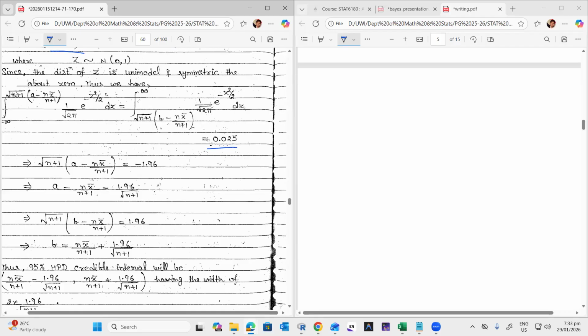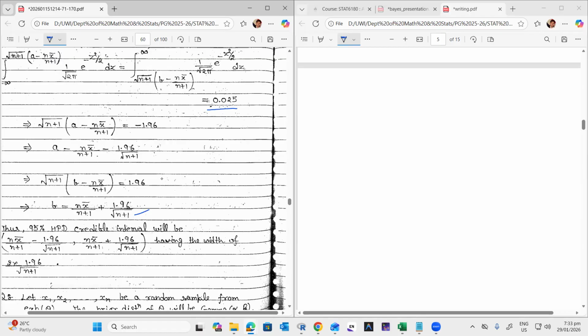At that time we will get the value of a, that is nx bar divided by n plus 1 minus 1.96 divided by root n plus 1. And for b, the value is nx bar divided by n plus 1 plus 1.96 divided by square root of n plus 1.